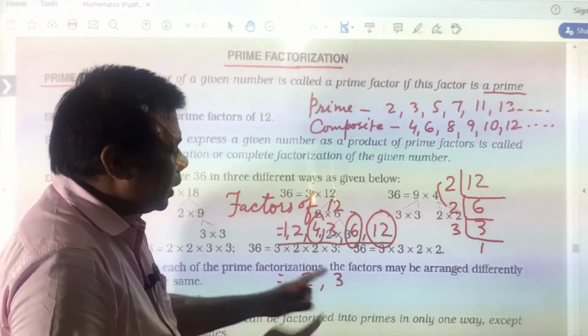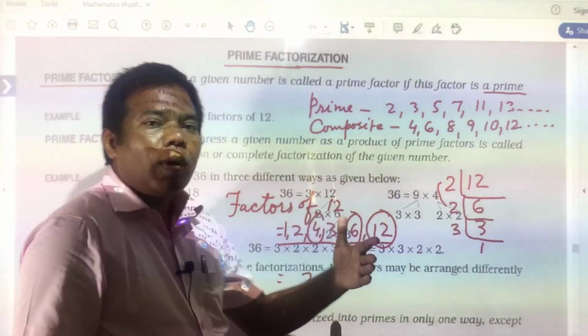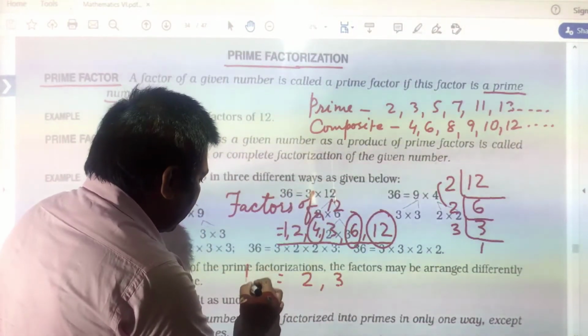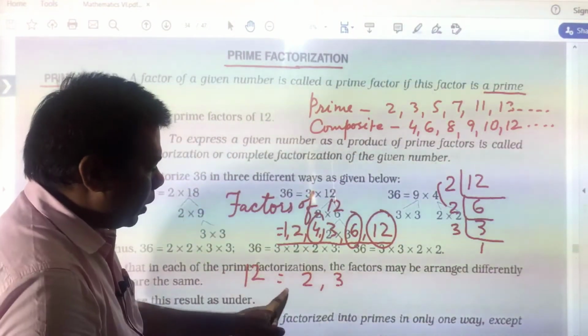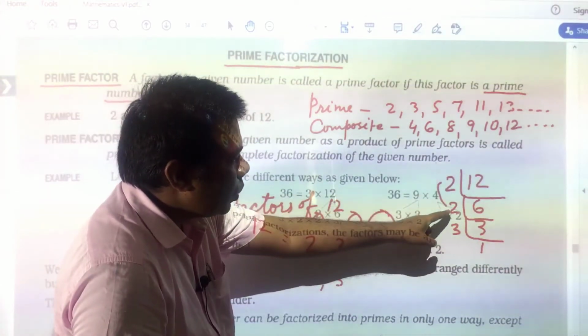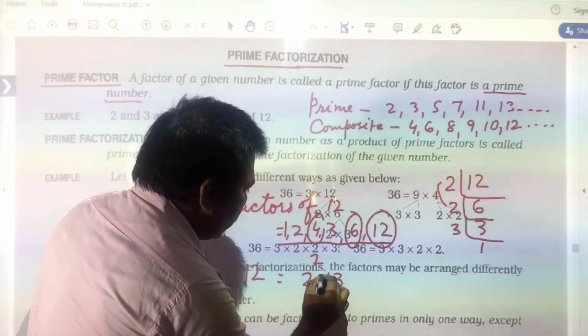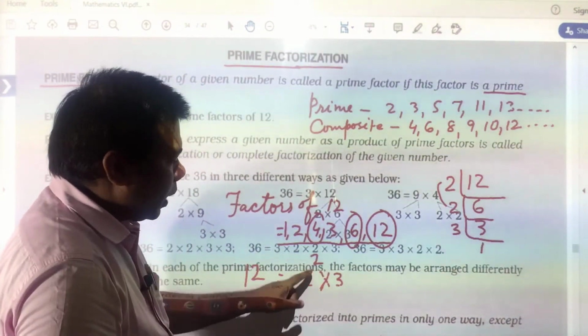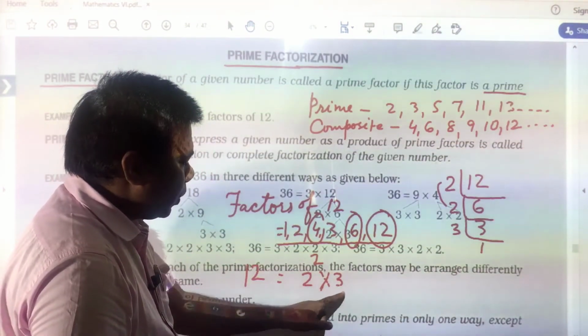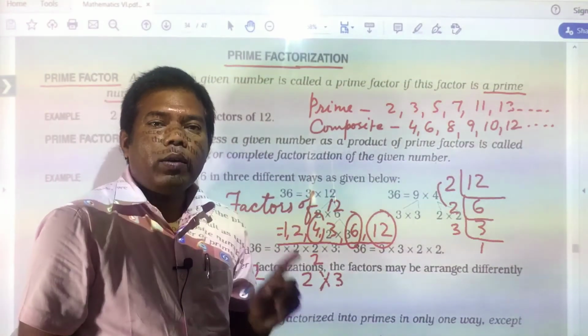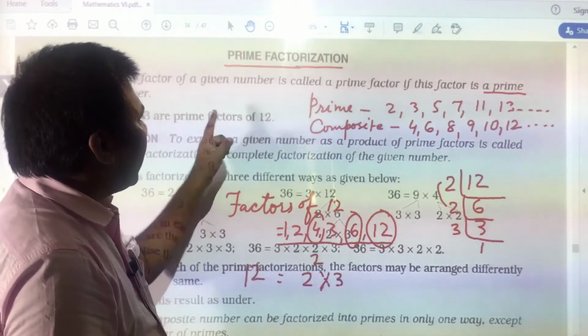So, 2 and 3 are prime factors, and if you want to express 12 as a product of prime factors, it can be written as 2 appearing 2 times, so you can write 2 squared into 3. 2 squared is 4, into 3, 4 threes are 12. I hope you understood what a prime factor is.